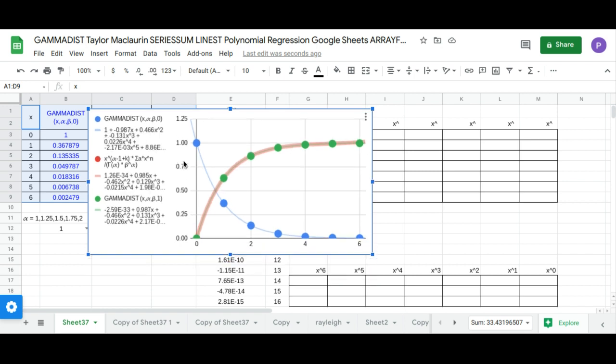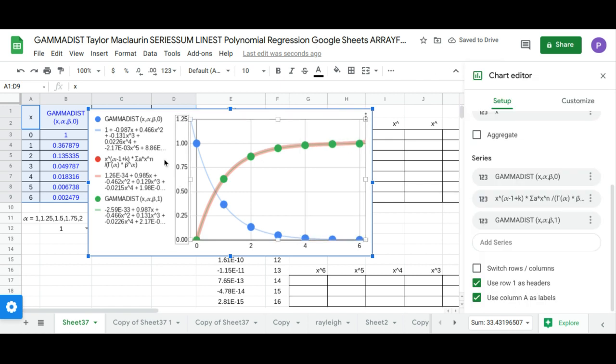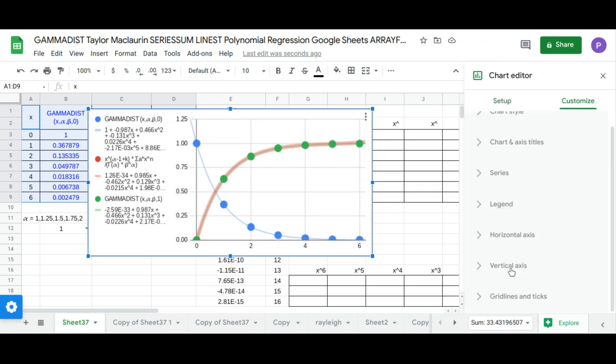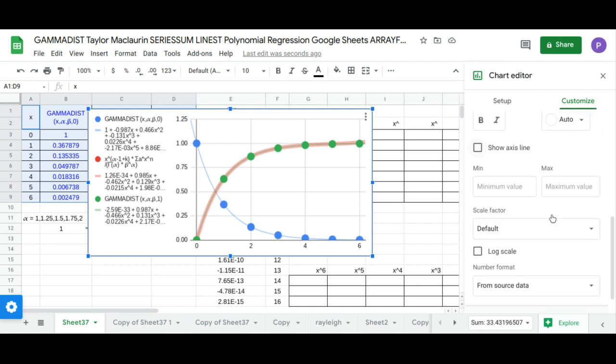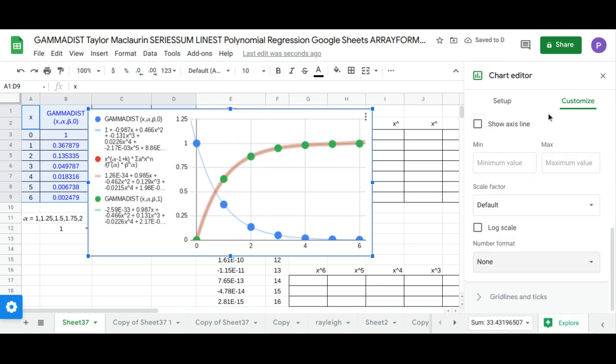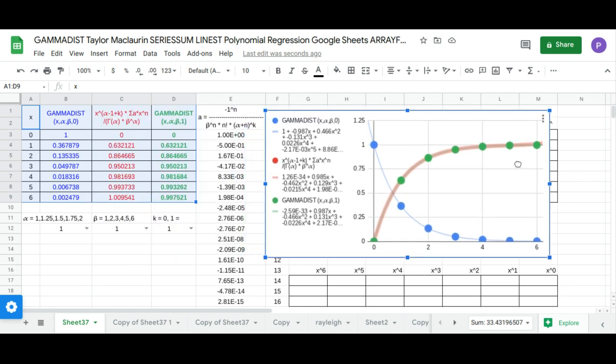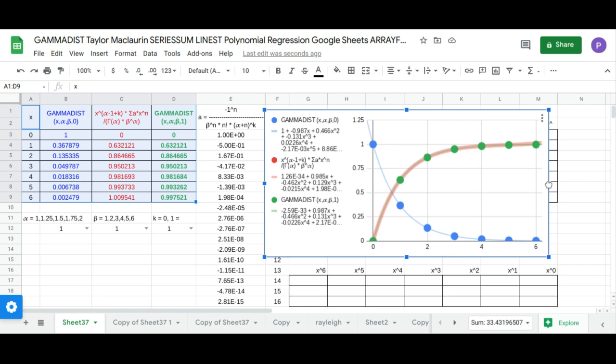We'll clean this vertical axis. We want the number format to be none because there's so many decimals here. So the vertical axis, the number format, none. That's better. So here's our trend line and polynomial to the 6th degree.